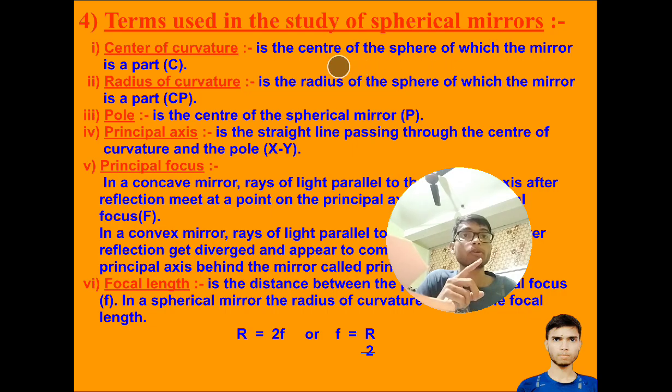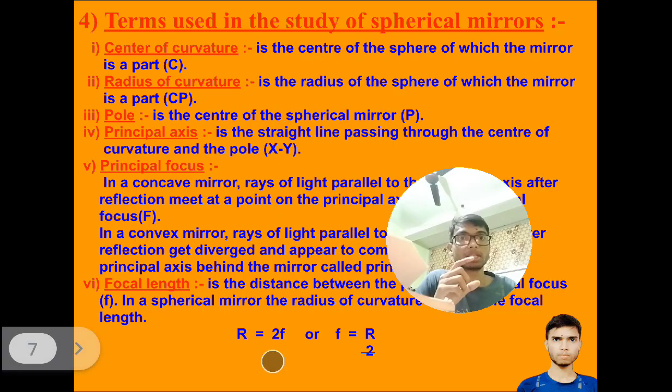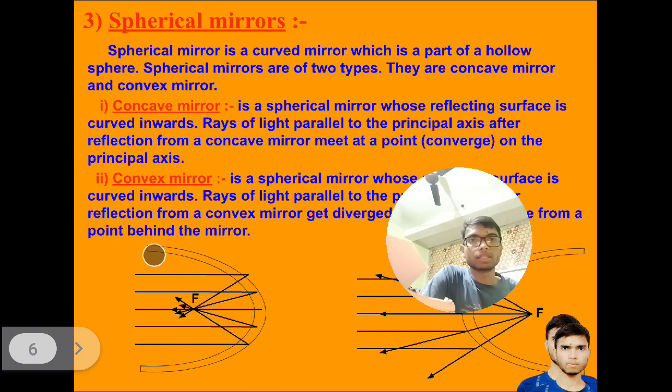Here remember we are talking about the center. Here this is a mirror, and where is the center? Not here. We are talking about the center of the sphere. If this is a concave mirror, then we know that this is a part of a sphere.